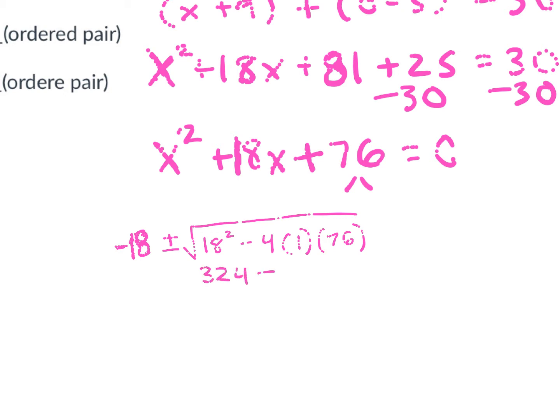So this is a positive number under here, so we're going to have an x-intercept. It's just not going to be a pretty number. So negative 18 plus or minus the square root of 324 minus 304, which is 20, over 2a on the bottom, so 2 times 1, which is just 2. Can I simplify the square root of 20?